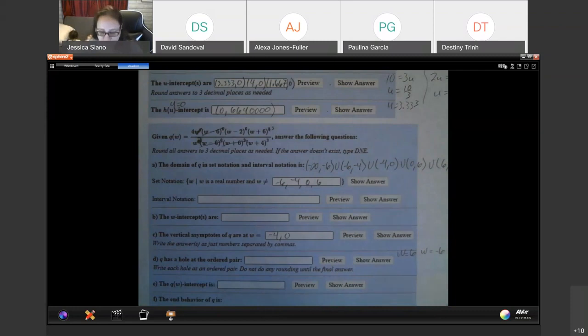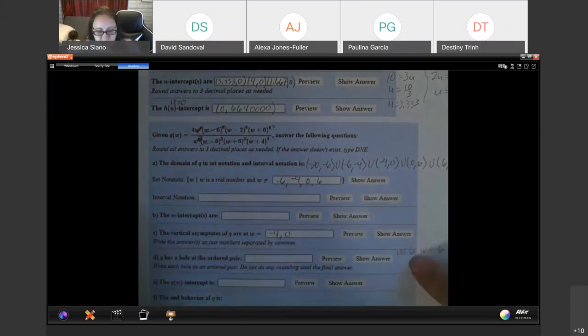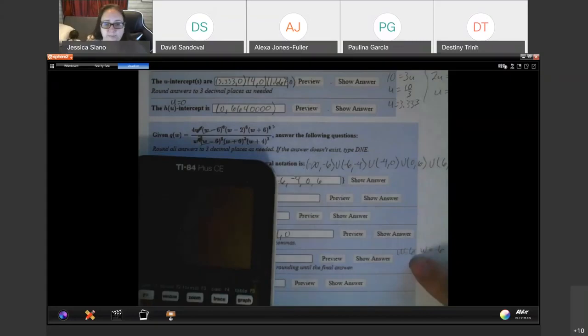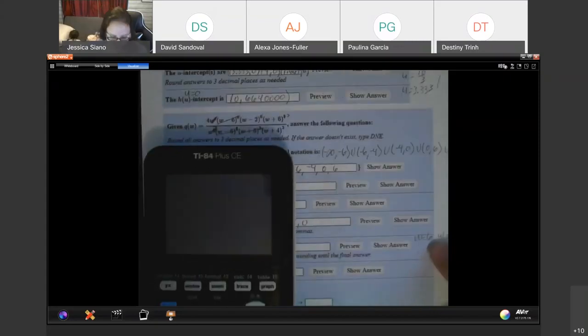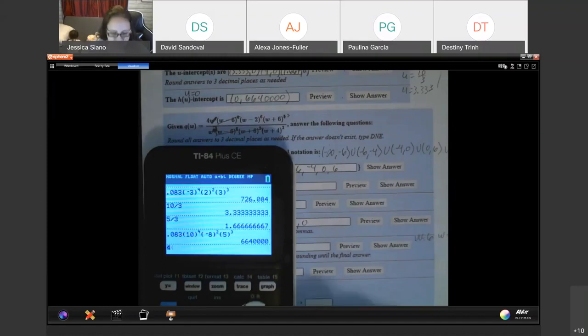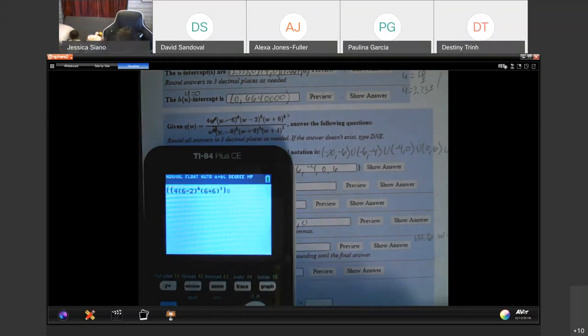So to get the y value, you plug these into the reduced function. So reduced, I have on my top 4 times 6 minus 2 to the 6th times 6 plus 6 to the 3rd. I think I put too many in front. I did.